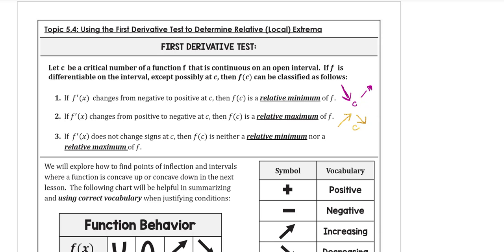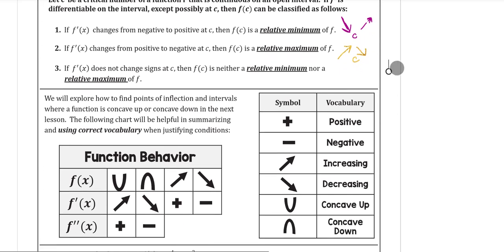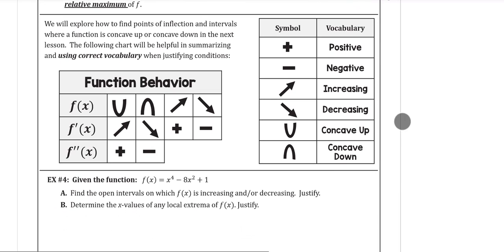Okay, so we will explore how to find points of inflection and intervals where the function is concave up or down in the next lesson. But until then, this is the chart that we can use for all of our symbols for the correct behavior. So we can see for f of x, we have 4 options. It can look concave up, concave down.